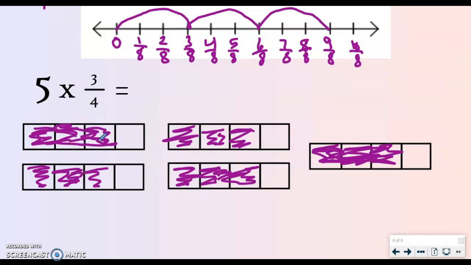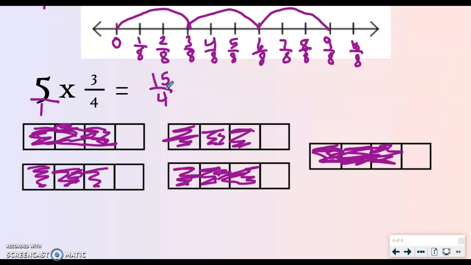So I have 1, 2, 3, 4, 5, 6, 7, 8, 9, 10, 11, 12, 13, 14, 15. So I have 15 fourths shaded in all together. Or again, if you want to use just the numbers, 5 times 3 is 15 and 1 times 4 is 4. So 15 fourths would be my answer in an improper fraction form.